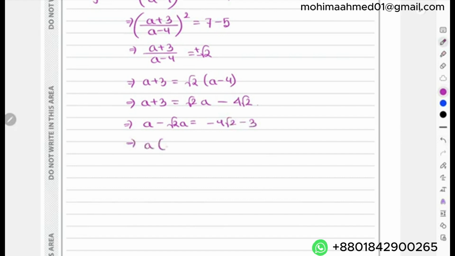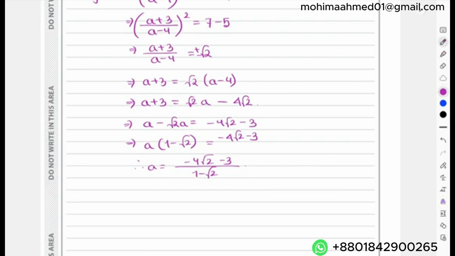And finally, if you take a common, it becomes a times (1 minus root 2) equals 4 root 2 minus 3. Finally, a is the result. Yeah, this is the final answer then, right?